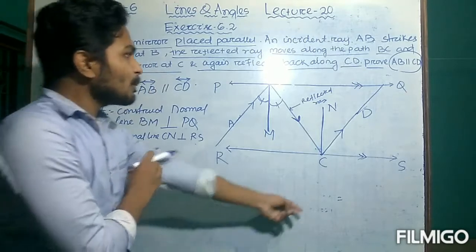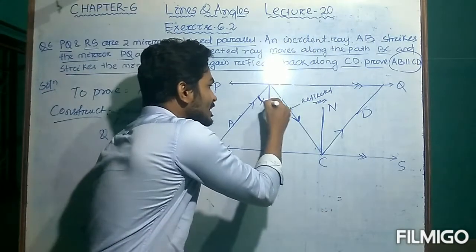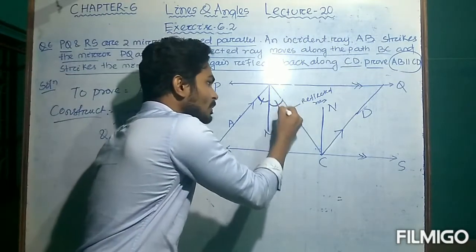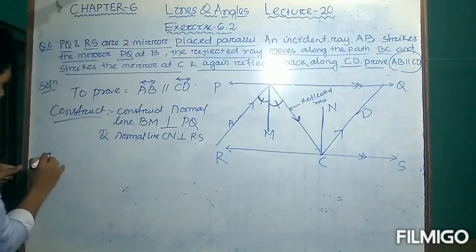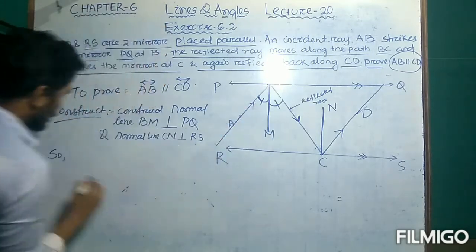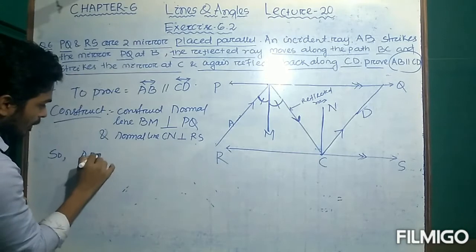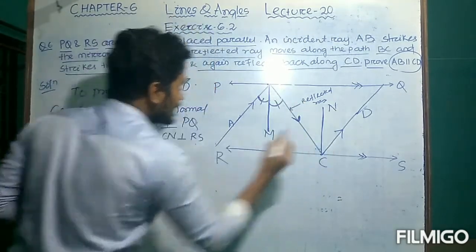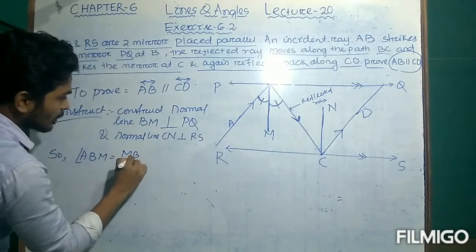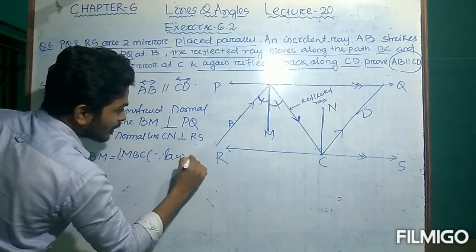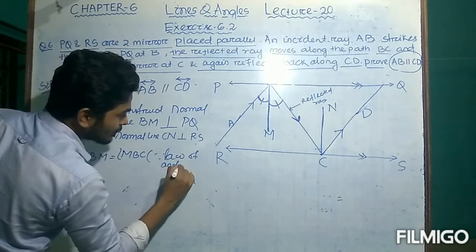I have told you that the angle of incidence is equal to the angle of reflection. It means this angle is equal to this angle. So angle ABM is equal to angle MBC. Why? Because of the law of reflection.